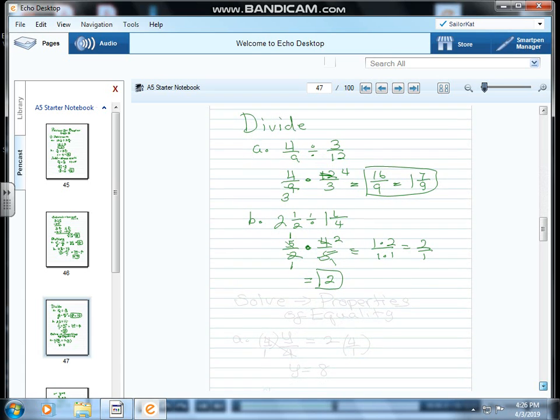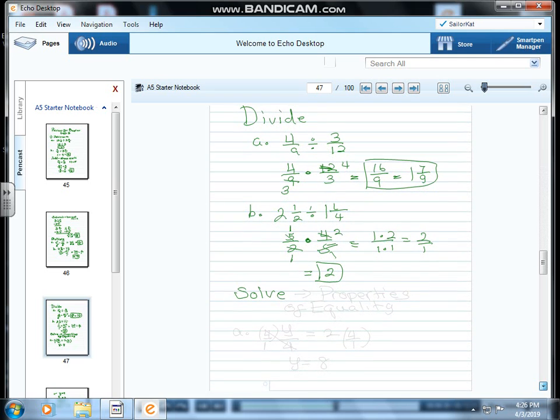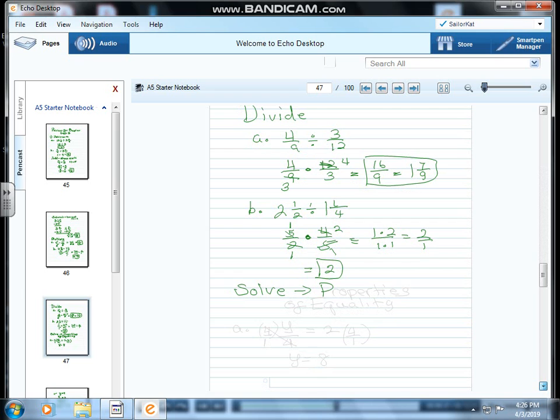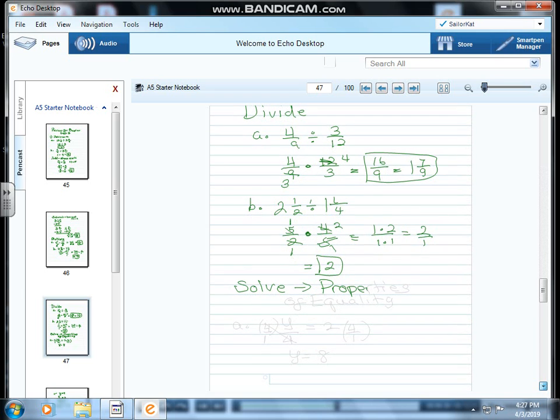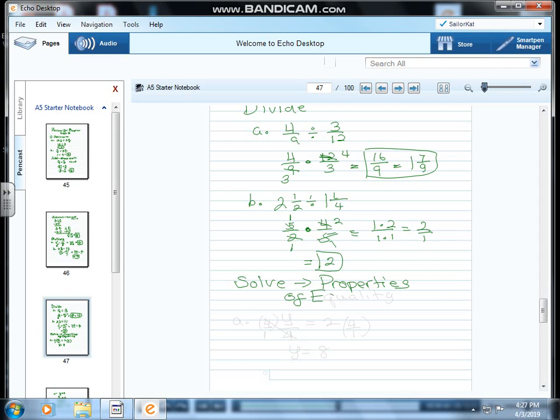The next thing is very important. It's to solve equations using the properties of equality. So if you have y over 4 is equal to 2, you're going to do the opposite operation.